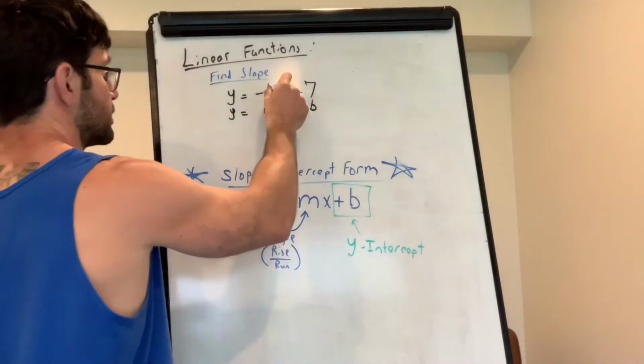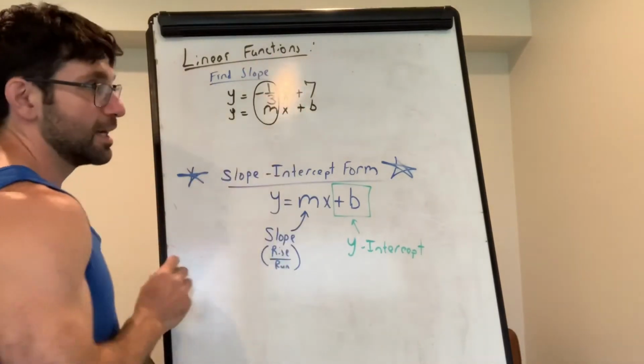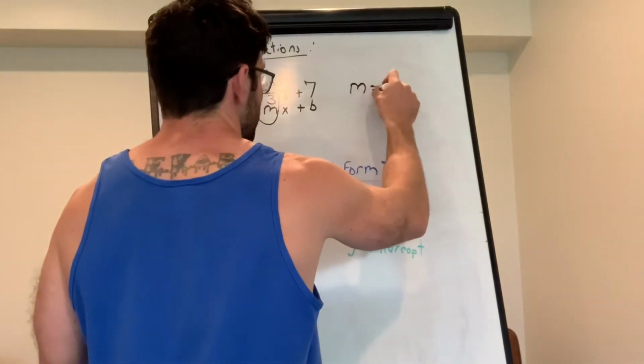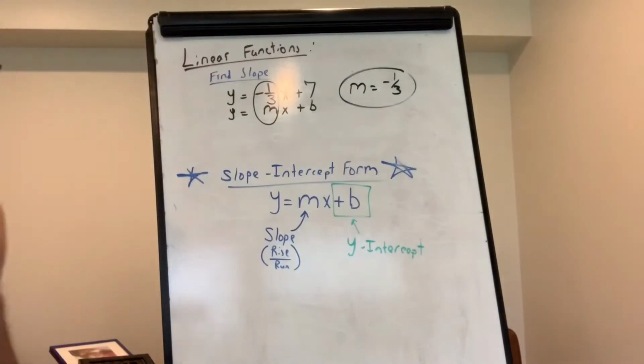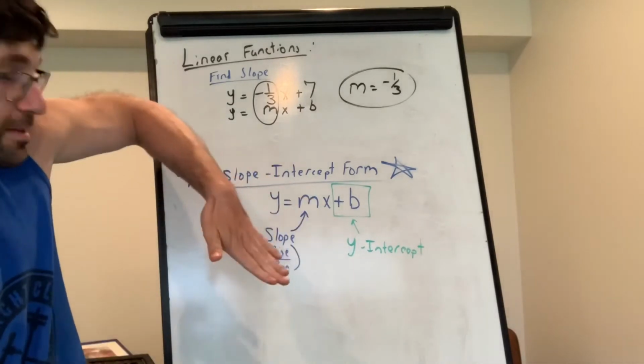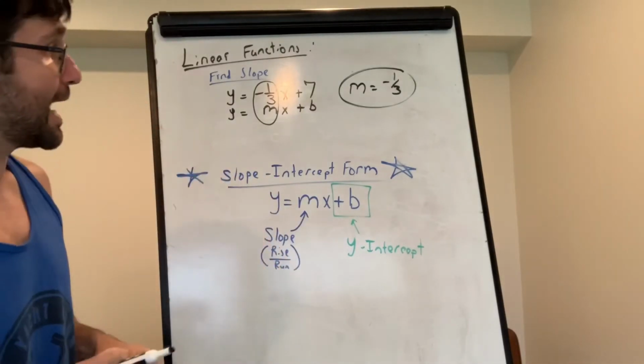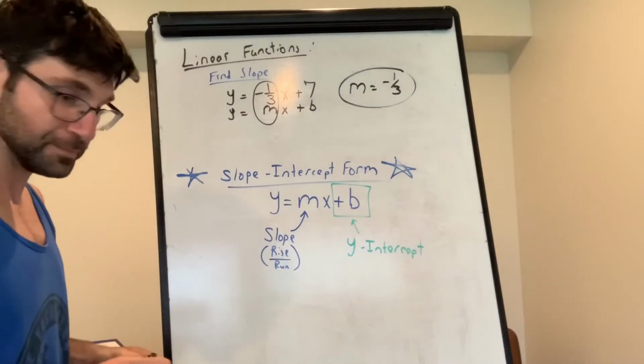Oh, wait a minute. My m is negative 1/3. Therefore, if you remember that first day, I said, hey, m means slope. M is now my slope. M is negative 1/3. That means if I were to graph this, the line would be going downhill.